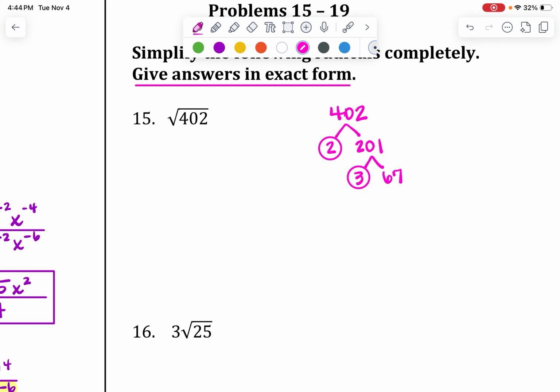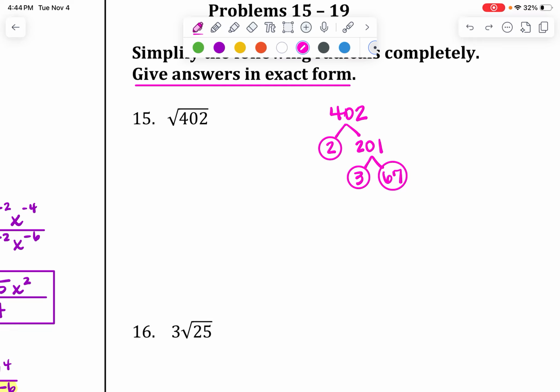Okay, so I'm pretty sure that's a prime number, right? So that's prime. Well, remember, when you are trying to simplify radicals, you're looking for a pair of numbers. And it doesn't look like in all my primes, I don't have any pairs. Like I don't have a pair of 2s, a pair of 3s, or a pair of 67s.